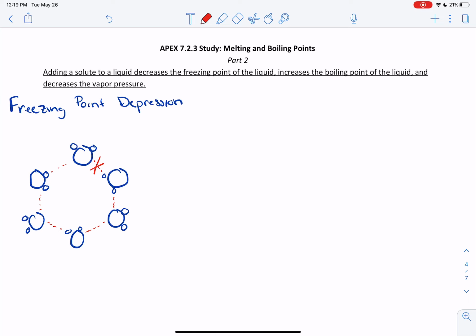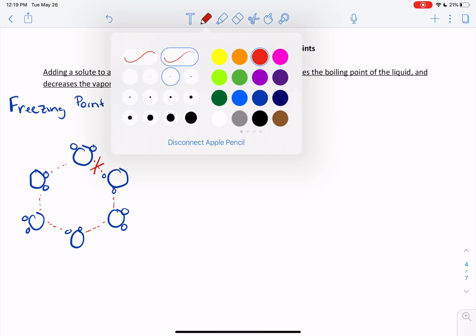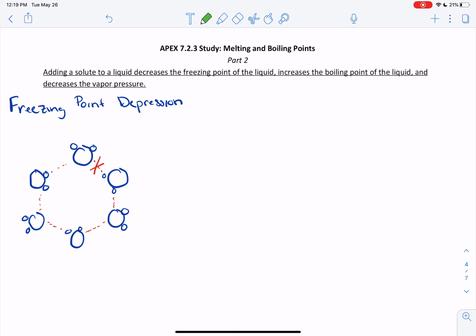So if we add salt, so we have Na+ and Cl-, now that sodium is going to attract to the oxygen and pull it away, and the chlorine is going to attract to the hydrogen and pull it away. So that's effectively breaking our crystal structure for us.